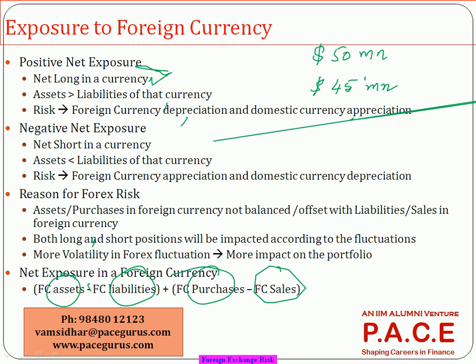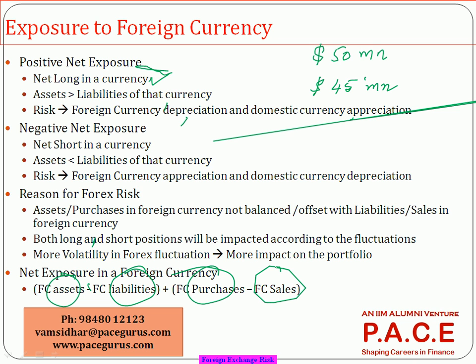Whereas the others, purchases and sales, are like imports and exports. If I am looking at it from one single company's standpoint, even that is an exposure to your foreign currency. If these two are not balanced properly, you are having a potential exposure in a foreign currency, right?